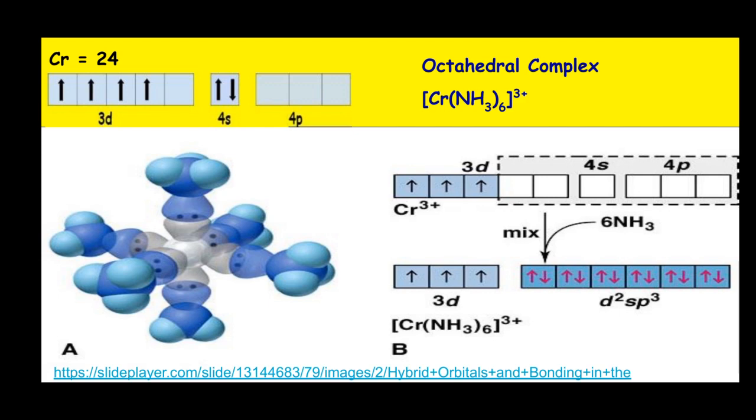The electronic configuration of this complex is such that there are always 2 inner d orbitals available for d2sp3 hybridization, but there are metal ions in which there is no availability of inner d orbitals, and outer complexes are formed. How and when the outer complexes are formed, let us see in some other examples.